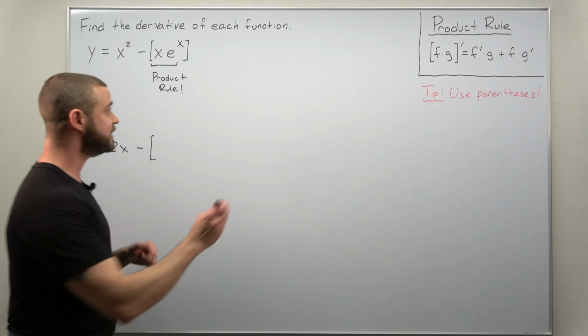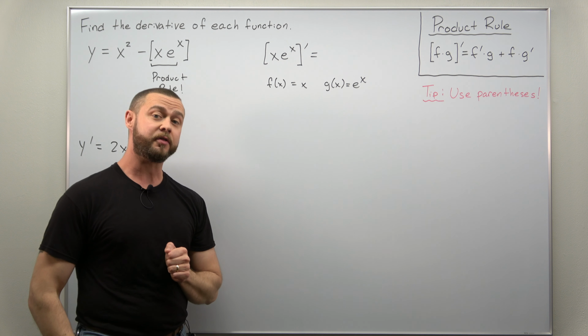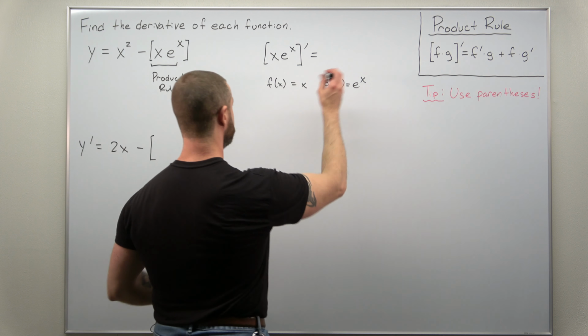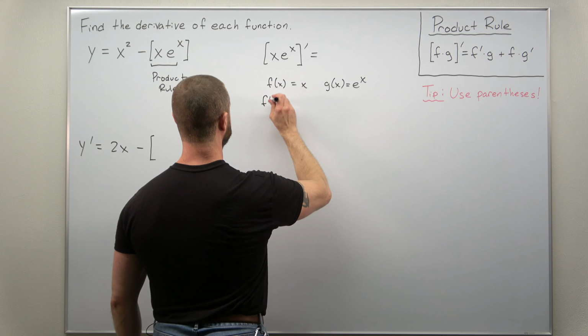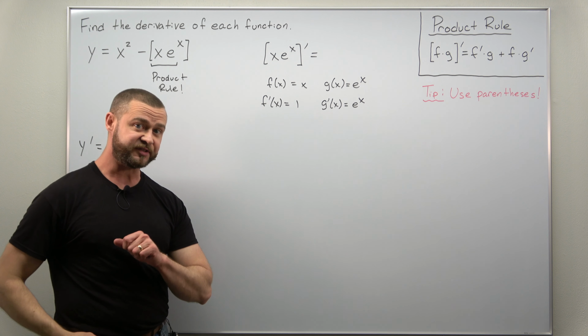All right, let's identify the function f of x. So that'll be x, and then g of x, that'll be e to the x. And again, we're identifying the pieces here from the product, one function f times another function g. Calculate your derivatives. You'll get f prime of x equals 1, and the derivative g prime of x, that's e to the x. And now we just put the pieces together.